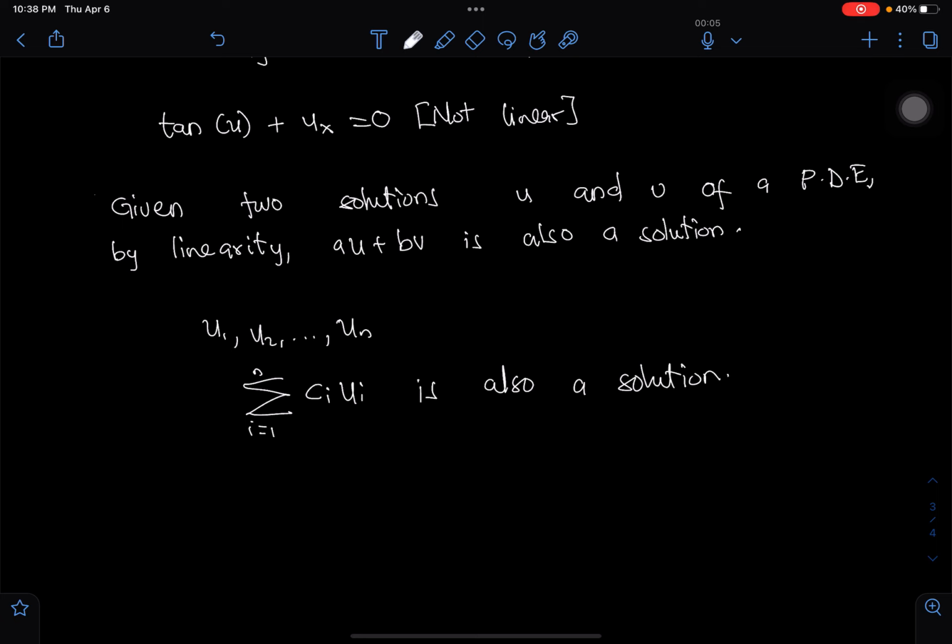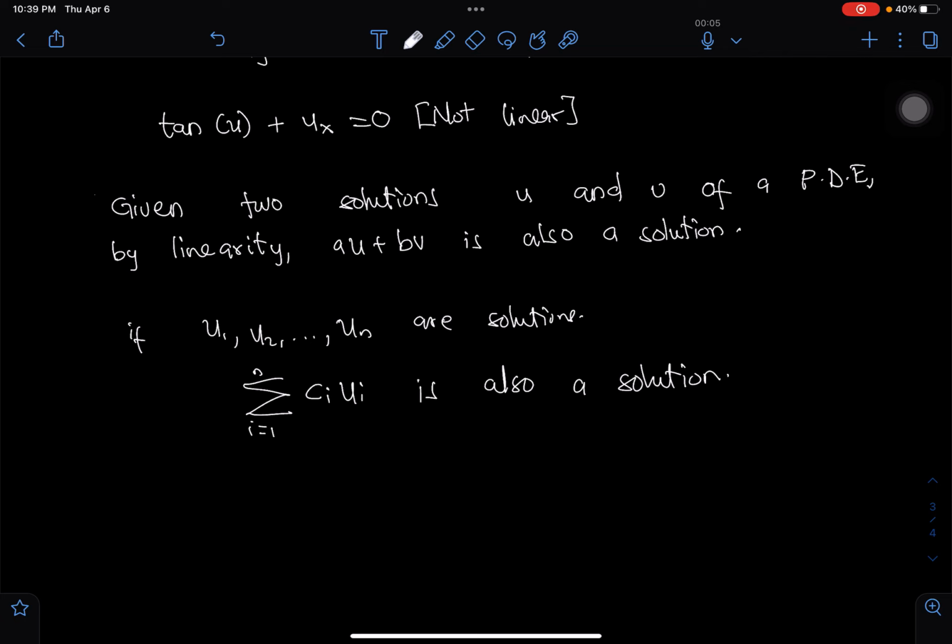That is one positive thing about linearity. So if these are solutions, then the summation of that is also a solution. That is why you always have the law of superposition in differential equations.